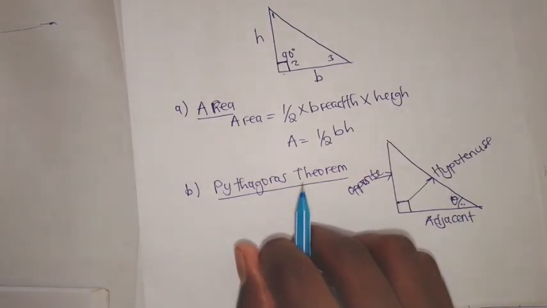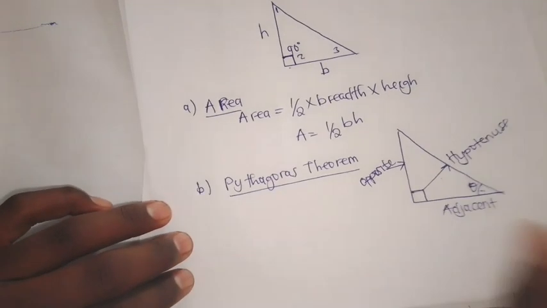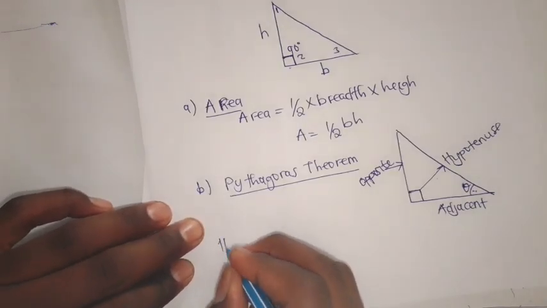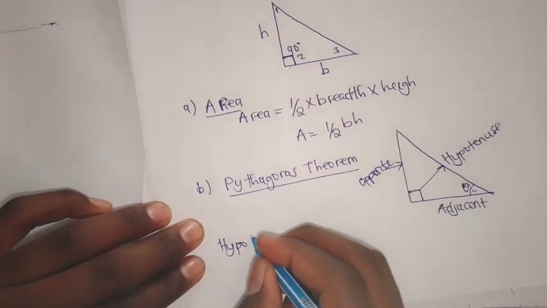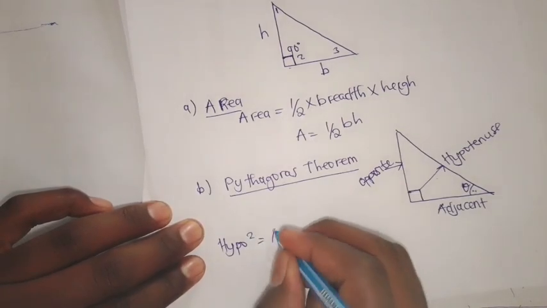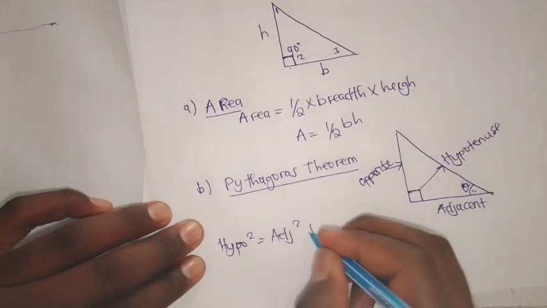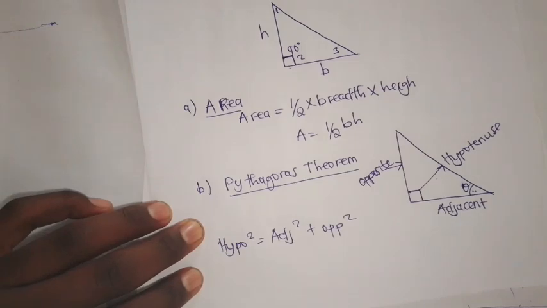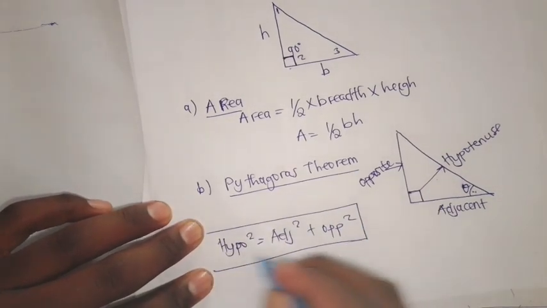The same way you are doing it, that's how we do it. So we say hypotenuse squared is equal to adjacent squared plus opposite squared.